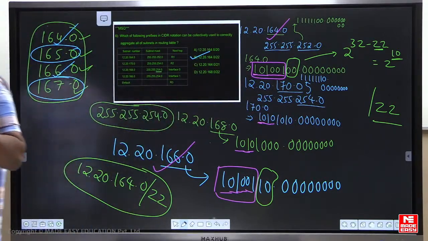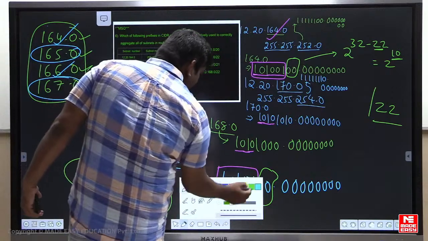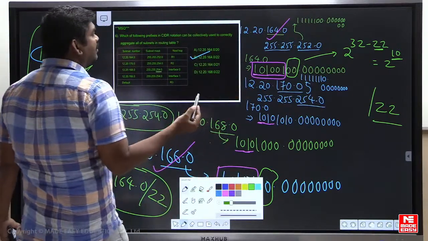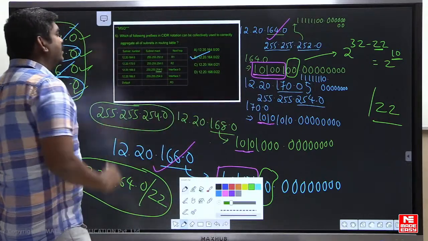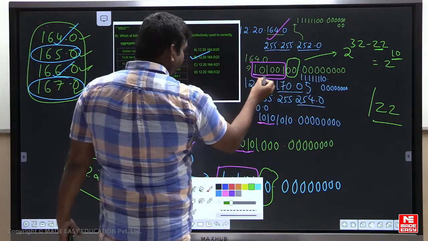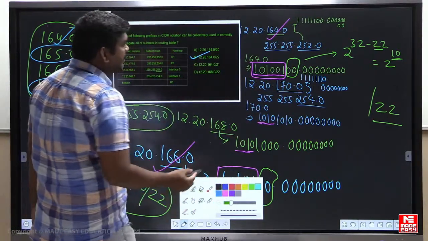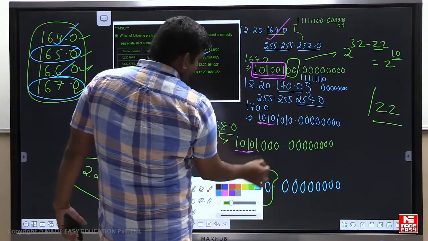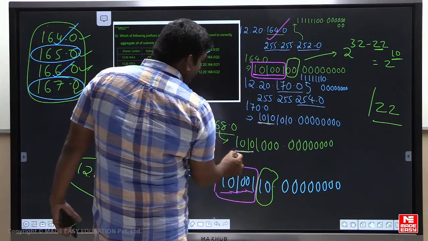Okay, fine. So same like that, if you observe now in this problem, what you have done is joined the first network and the fourth network. Now see, if you try to observe the second network and the third network, in the second network you can see 1 0 1 0, here also 1 0 1 0 is there.